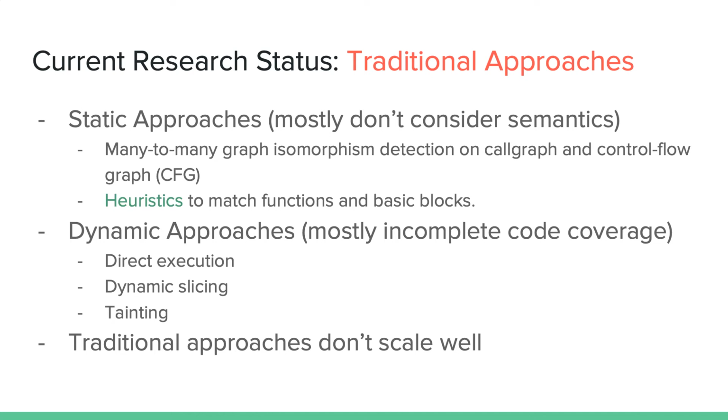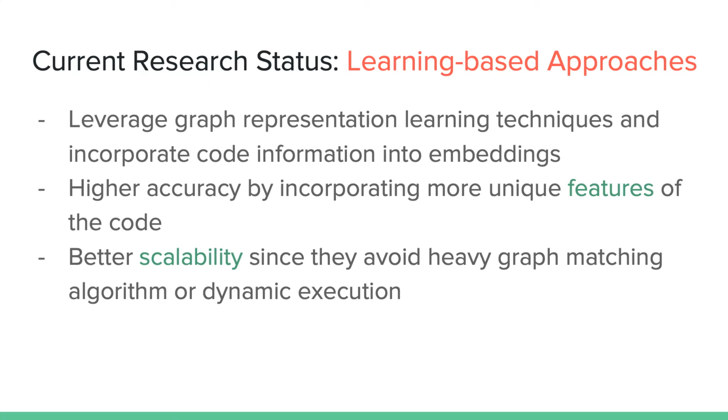So the common issue with the traditional approaches is that they don't scale well, right? They're good, but the size of programs is now a challenge. So enter deep learning and machine learning, which is like anything you can do, I can do better. They leverage graph representation learning techniques and incorporate code information into embeddings.